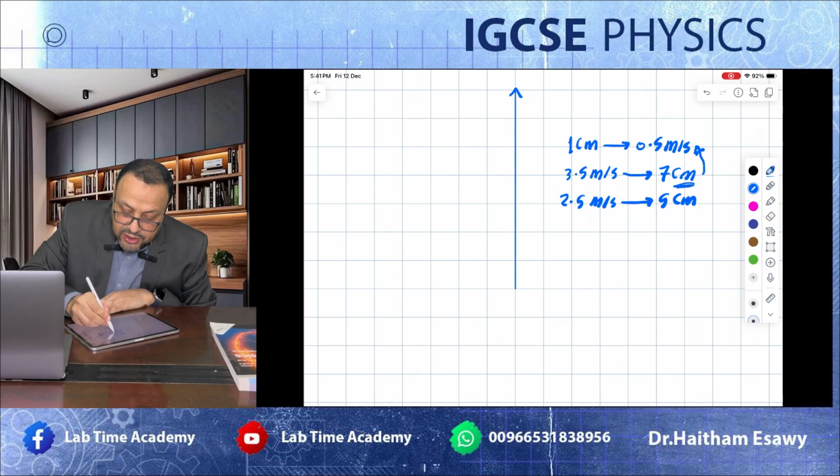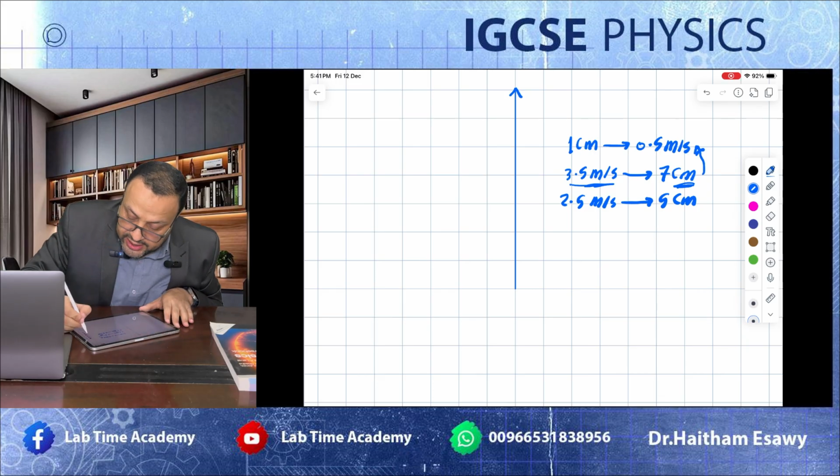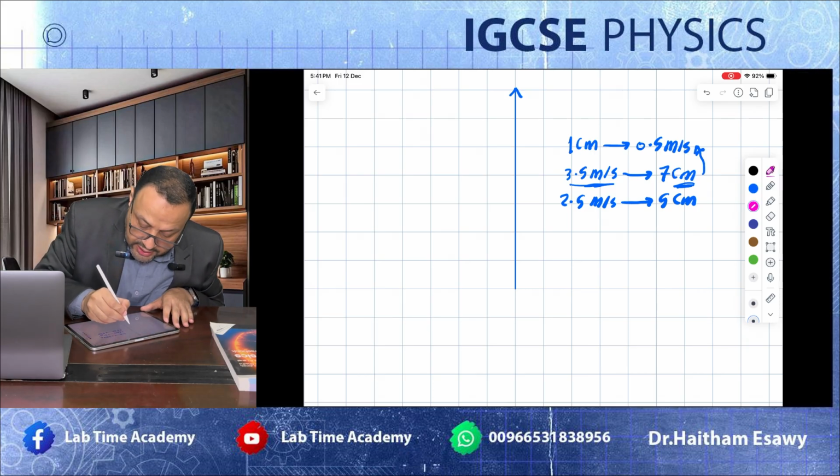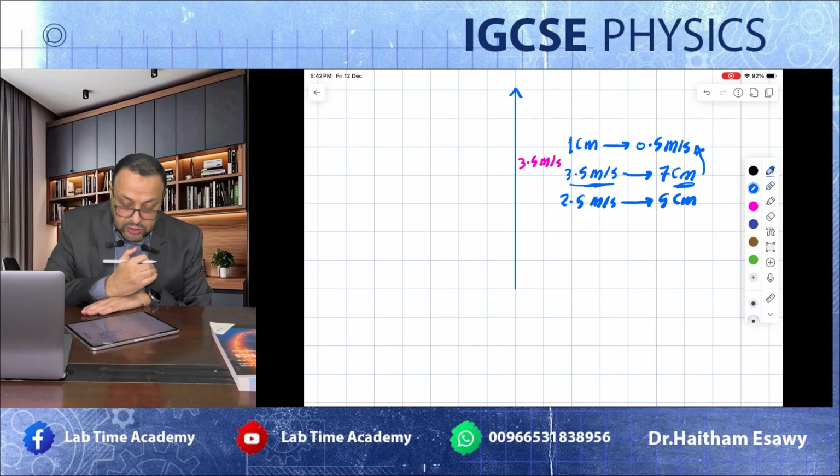That represents 3.5 meter per second. And this is the direction or the speed for the boat. So this one represents 3.5 meter per second.